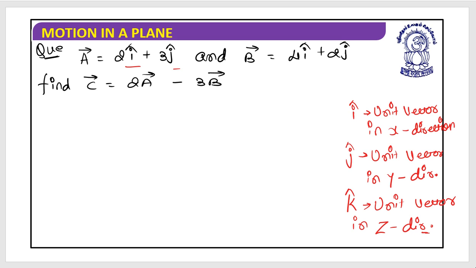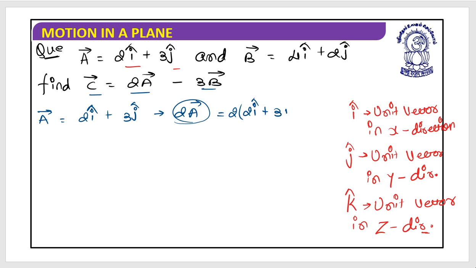So let's begin. What I need is 2 times A minus 3B. First, A equals 2i plus 3j, and I need to convert this to 2A. When I multiply with any positive number, my direction remains the same and my magnitude will be multiplied.